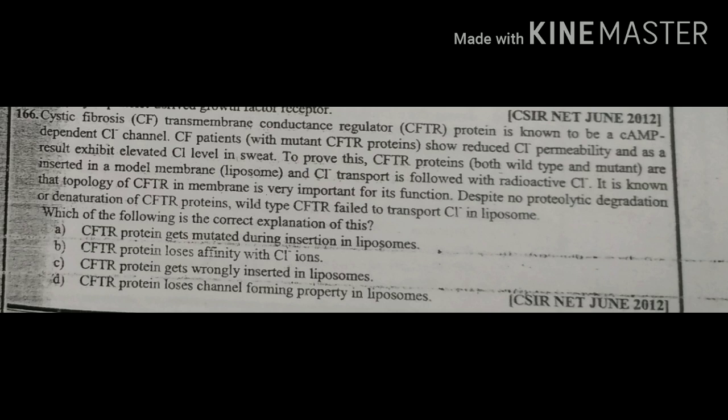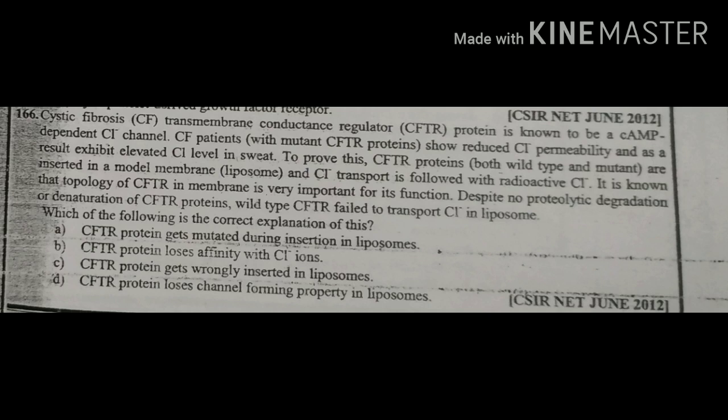It is known that the topology of CFTR in the membrane is very important for its function. Despite no proteolytic degradation or denaturation, the wild type CFTR failed to transport Cl in the liposome.